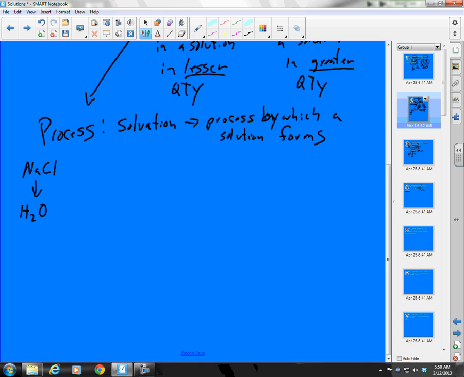Now, the first place I want to start is let's try to visualize this. What does sodium chloride look like? Well, first thing you'll remember is that this is a metal plus a nonmetal, so that means I have what? And if we're saying this is solid and this is liquid, then what do I have? Well, I have a lattice, right? A matrix. That means I would have sodium and sodium and sodium and sodium, right?